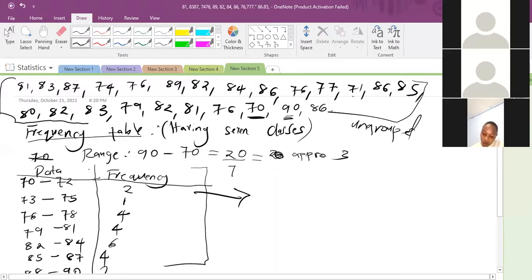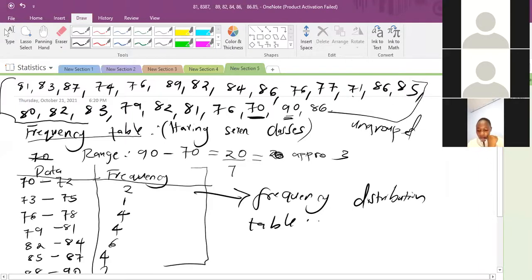If you want to get the range, like we've been told to have 7 classes, you get the range, that is the highest minus the lowest, and then you divide by the number of classes that you're supposed to have so that you know the particular class width. So this is called a frequency distribution table. Okay, guys, so I hope that is clear.